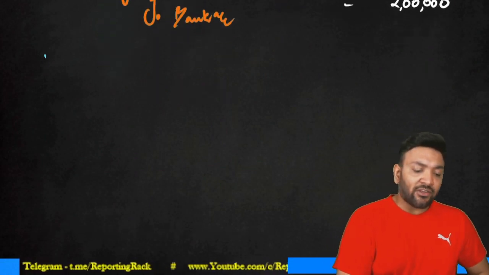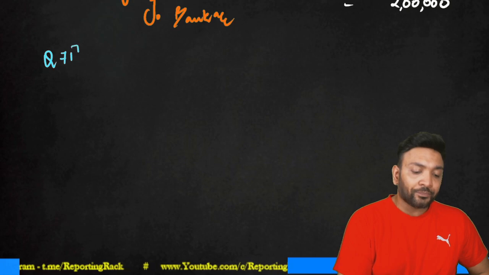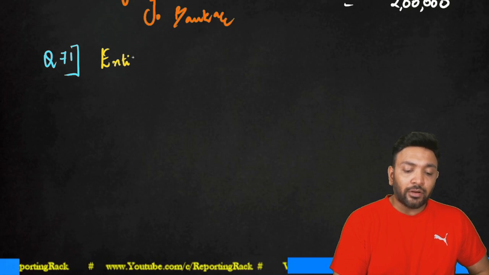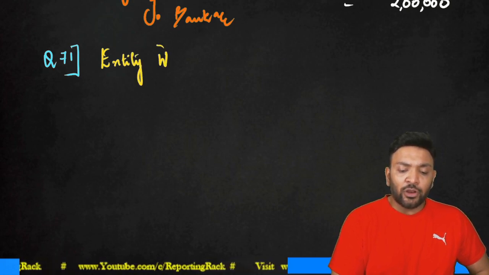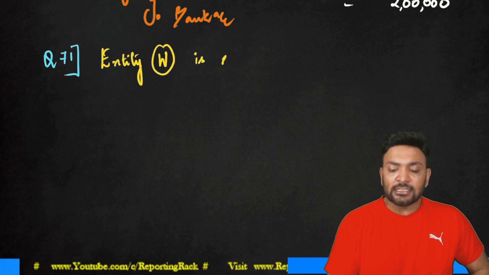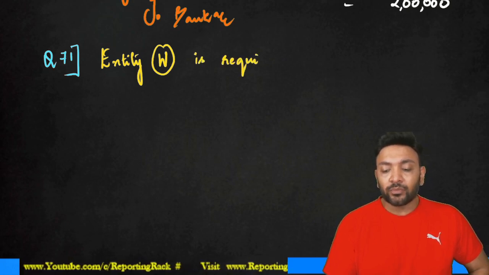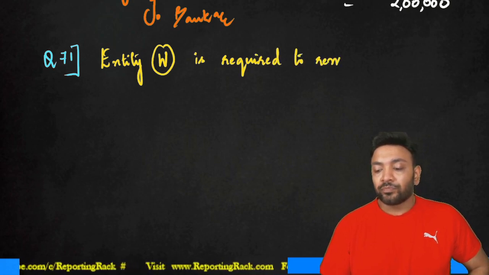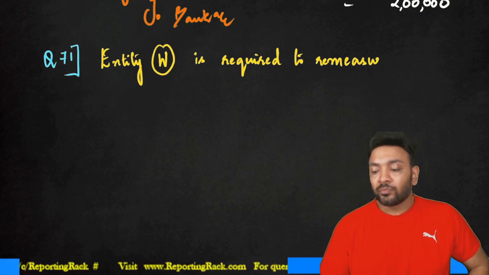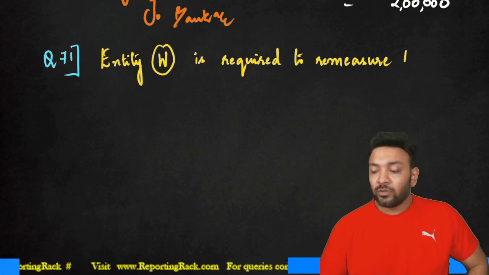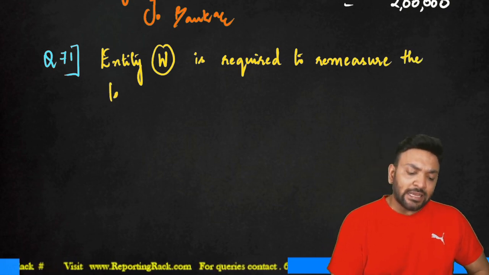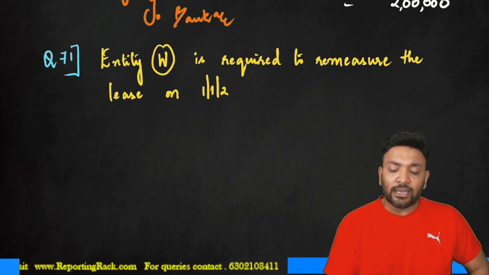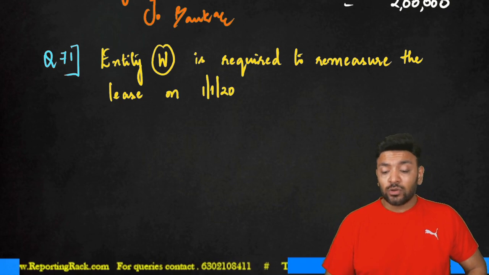I'm looking at question number 71. Start the answer. Entity W is required to remeasure the lease on 1st January 2020. Why is that so?